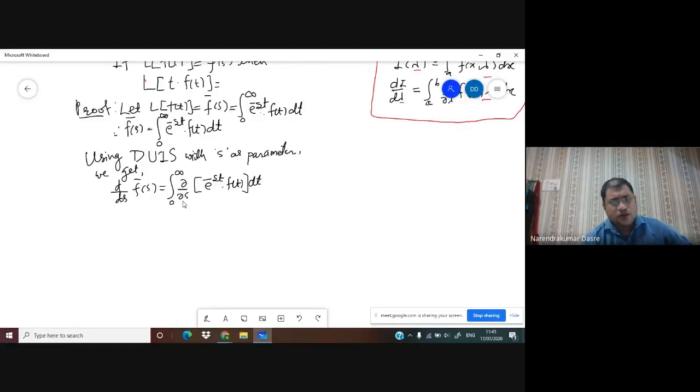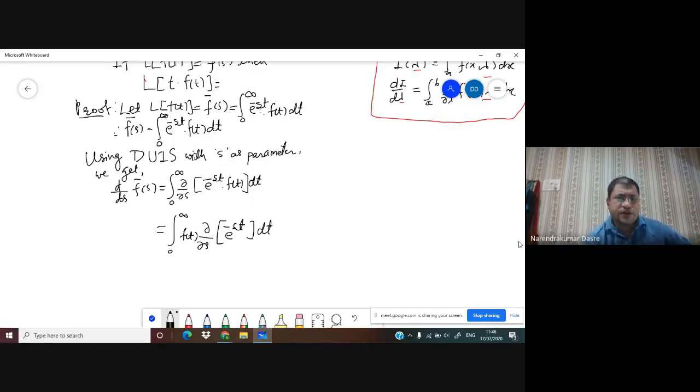Okay, so if I differentiate this with respect to S, then I'll get integral 0 to infinity f of t remains as it is, and I'll be having ∂/∂s of e raised to minus st dt.